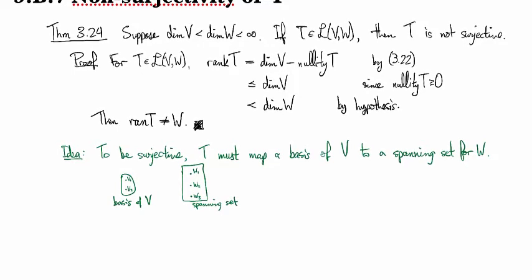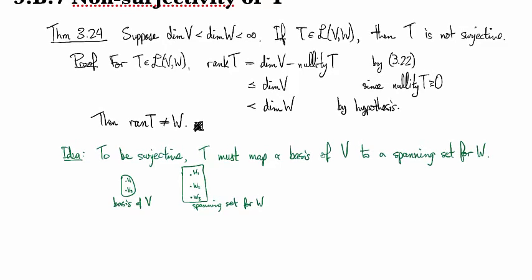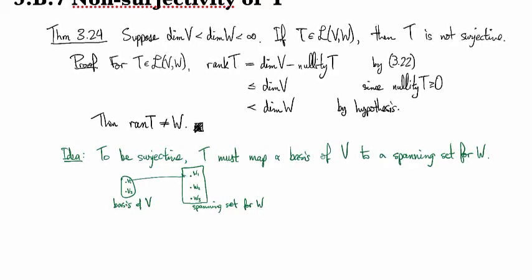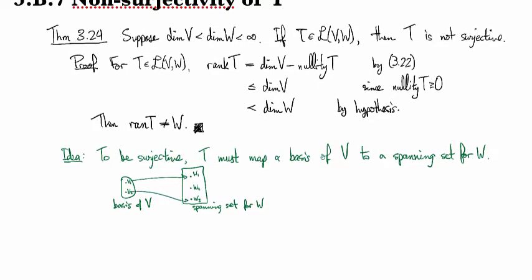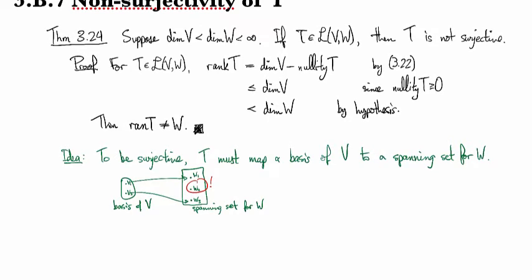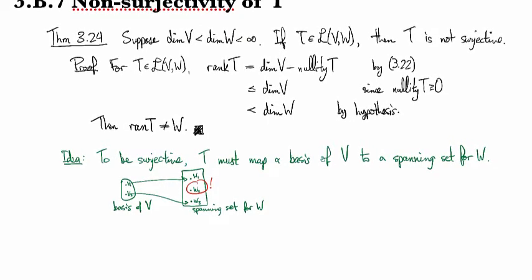So some three-dimensional W, then no matter how you decide to map V1 and V2, there's always going to be at least one thing that doesn't get covered. So there's no way for this to be surjective.